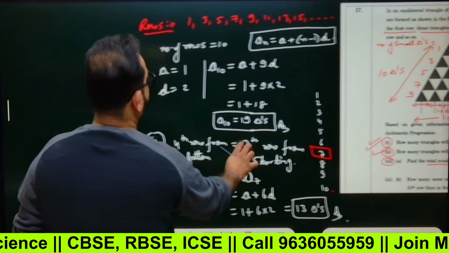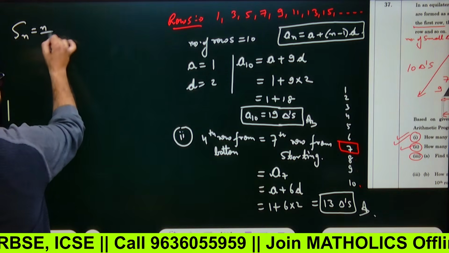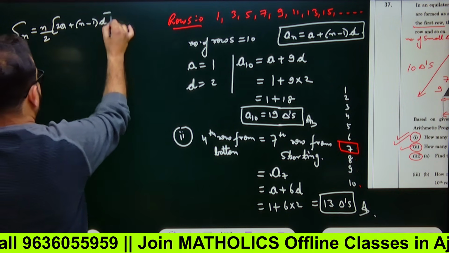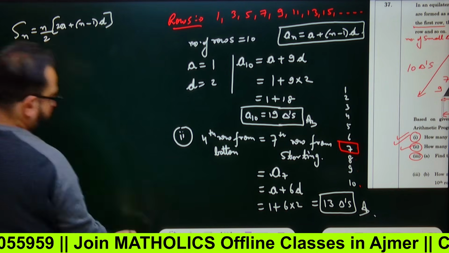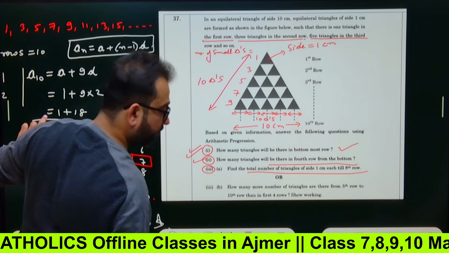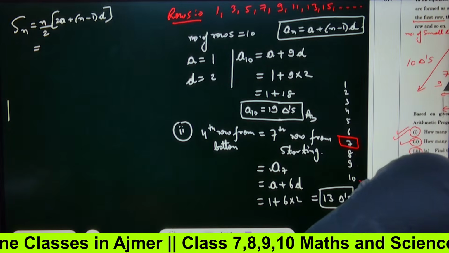Sn formula is n by 2 bracket 2a plus n minus 1 into d. They are saying eighth row from the starting. How to find it?